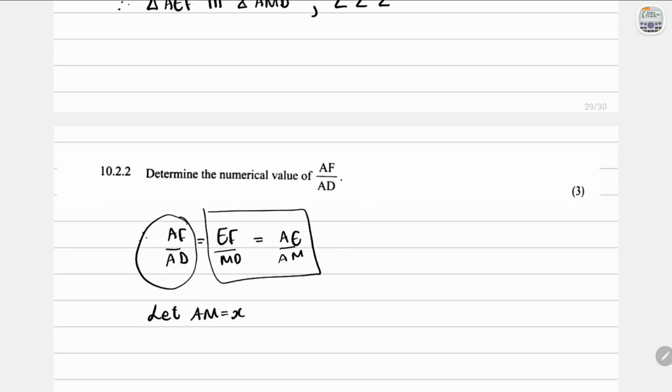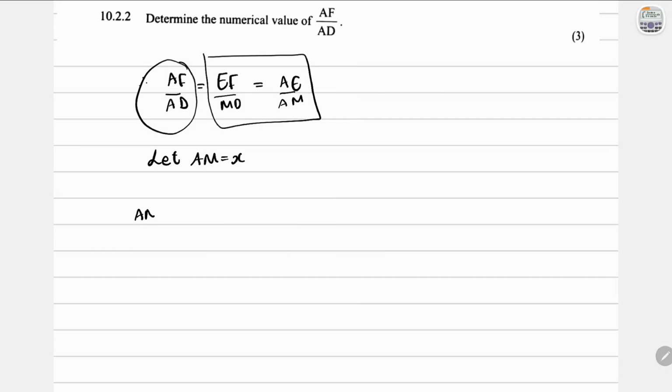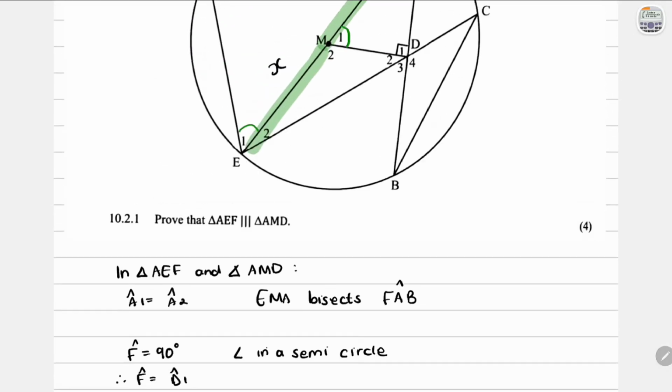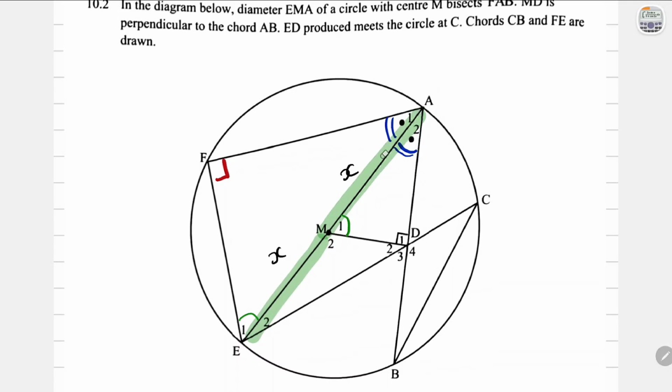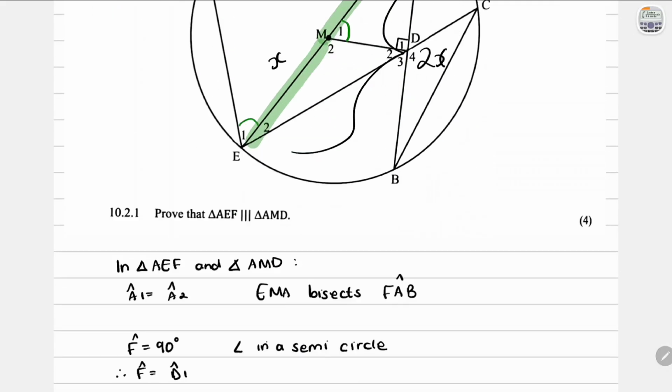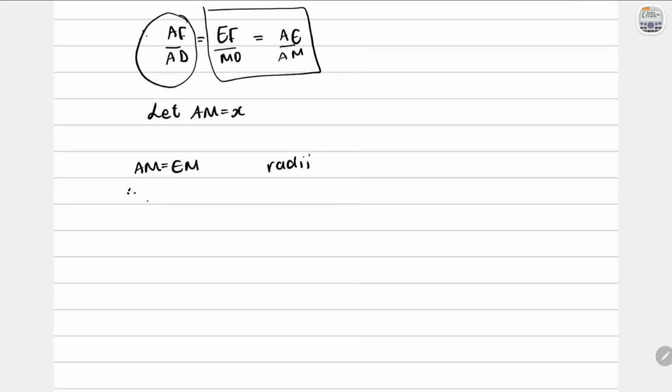So if you were looking at the diameter, that's AE, calculated all together, that's 2x. We add them. So that means AE is 2x.